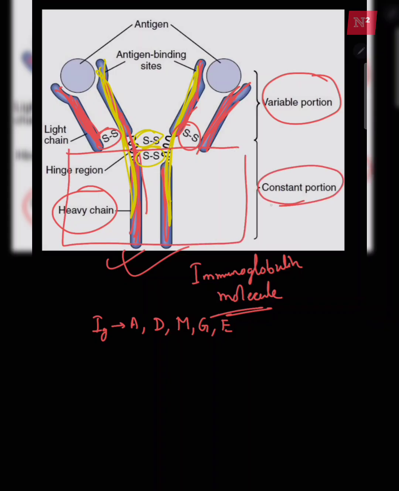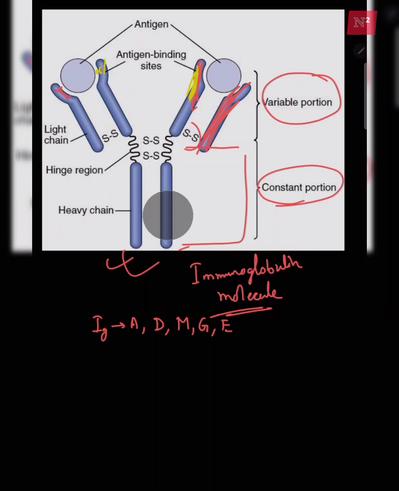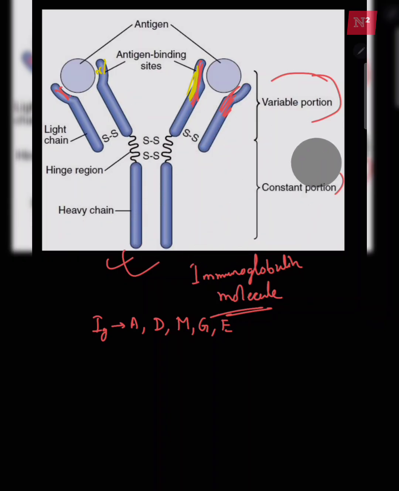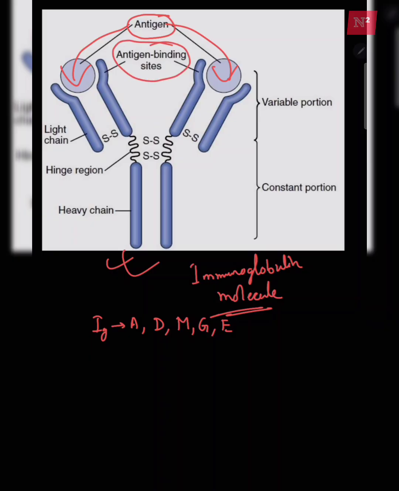The tail part is called the constant portion, which remains the same for every molecule. Usually when immunoglobulin acts, it helps in fighting antigens, or pathological antigens. Antigens come and attach to this variable portion of the immunoglobulin molecule. So this is called the antigen binding site.